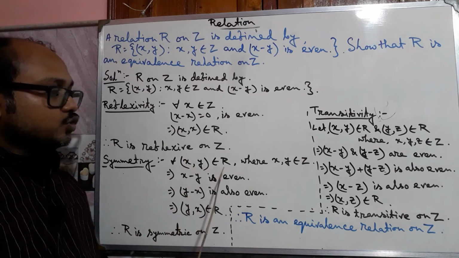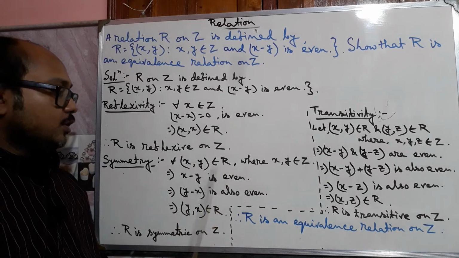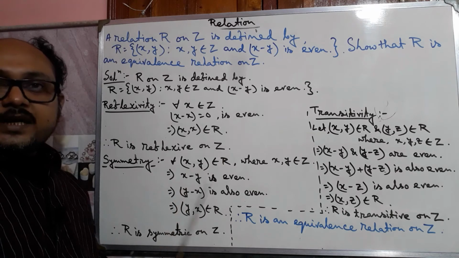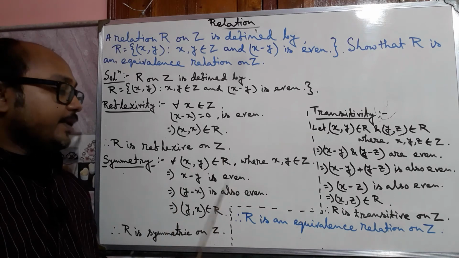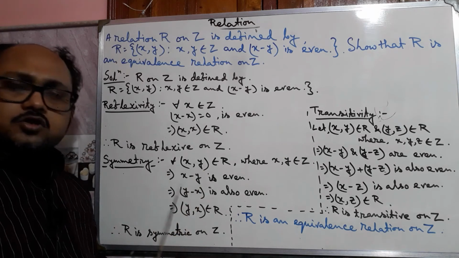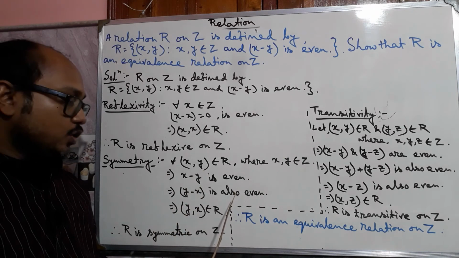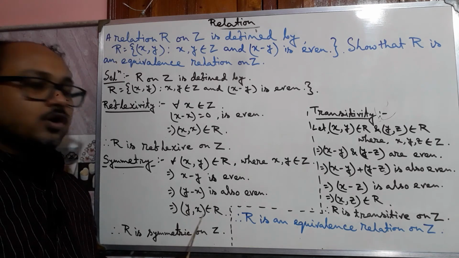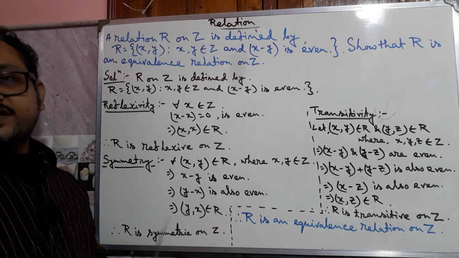If (x, y) belongs to R, that means for two integers x and y, x minus y is even. Now, if x minus y is even, then y minus x is also an even number. So, ultimately the ordered pair (y, x) also belongs to R, that is, R is symmetric.